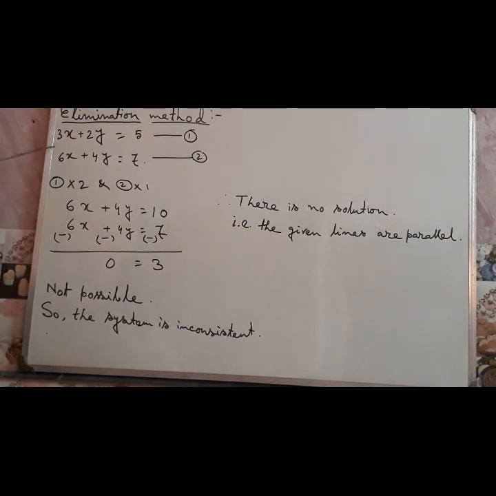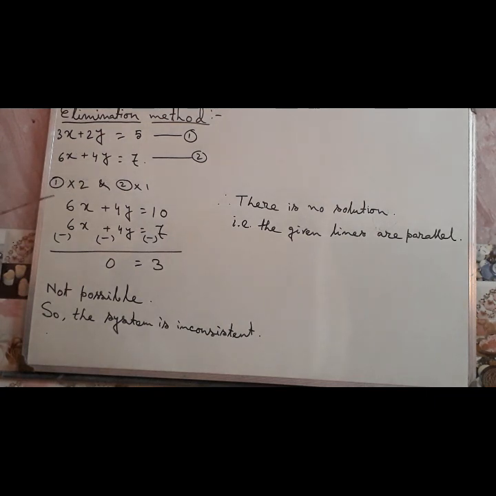As 6 is a multiple of 3, instead of multiplying the first equation by 6 and the second equation by 3, we only multiply the first equation by 2. If we multiply the first equation by 2, this 3 will become 6. That means the coefficient of x will be the same for the first and the second equation. So multiply the first equation by 2 and the second equation by 1.